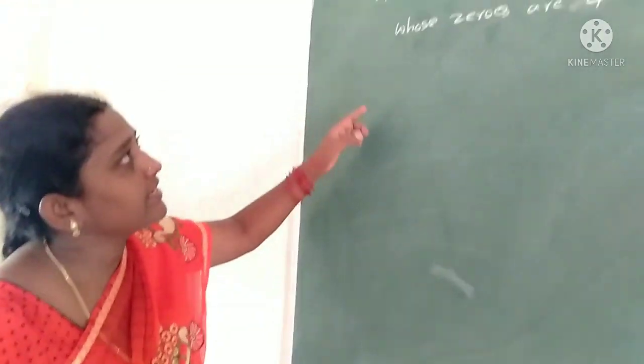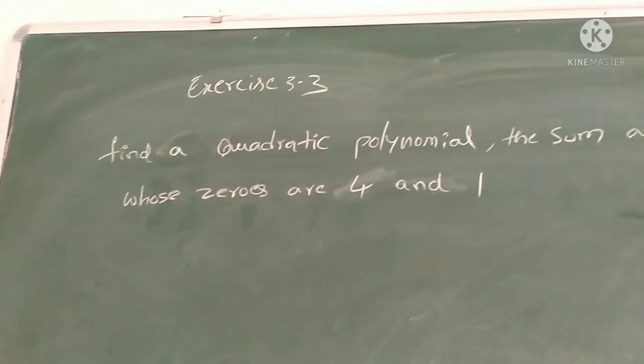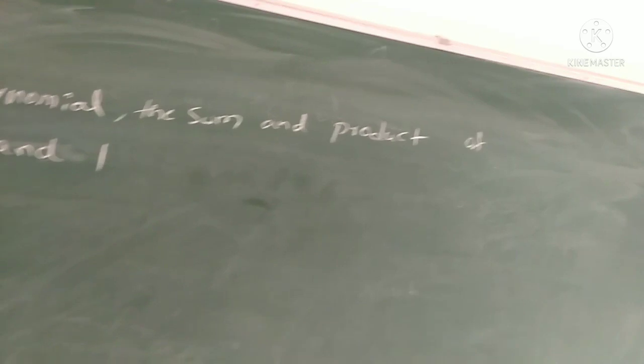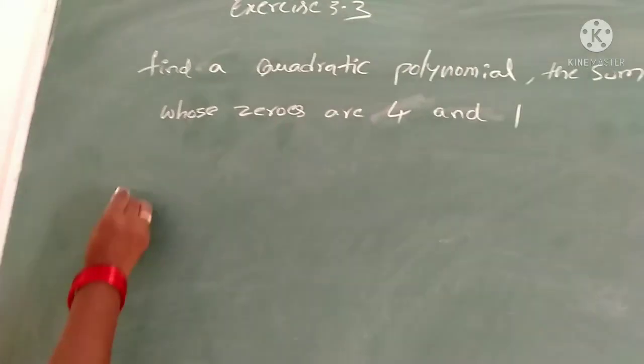Next, exercise 3.3. Find a quadratic polynomial, the sum and product of whose zeros are 4 and 1. First we write the given values.